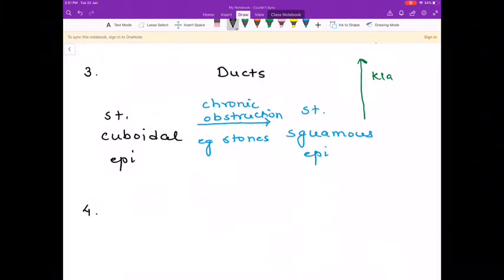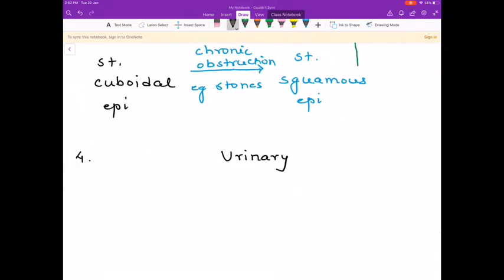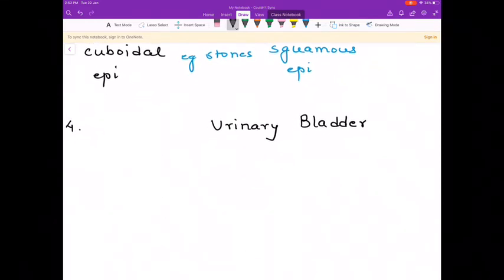Till now we are seeing only these types of metaplasia. Again, urinary bladder, very important in a case of schistosomiasis, in case of urinary bladder stone, which are again very common. What is the metaplasia seen? Remember, transitional epithelium is the normal lining of the urinary bladder.